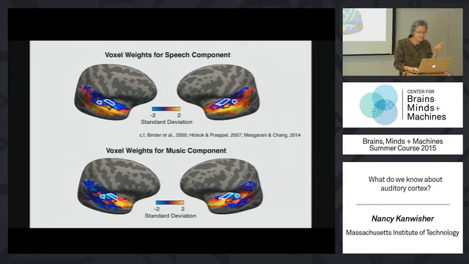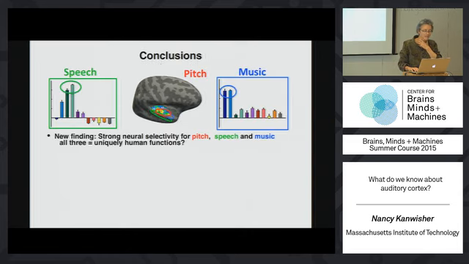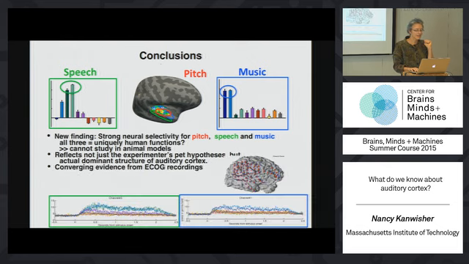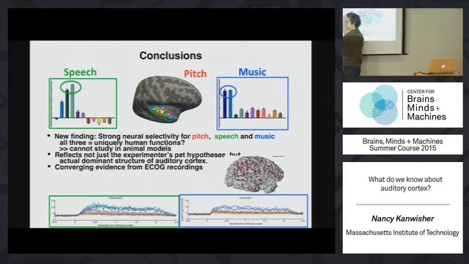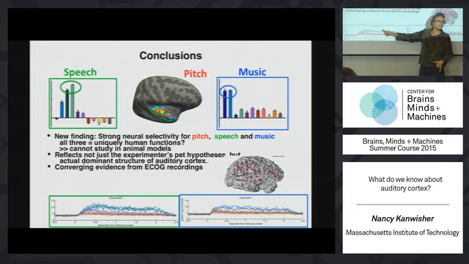The final thing is, we've recently had the opportunity to reality check this stuff by using intracranial recording from patients who have electrodes right on the surface of their brain. We've done this in 3 subjects now. And in each subject, we see, sorry, this is hard to see, these are responses of 2 different electrodes over time. The stimulus lasts 2 seconds, so that's 0 to 2 seconds. This is a speech selective electrode responding to native speech, foreign speech, and singing.